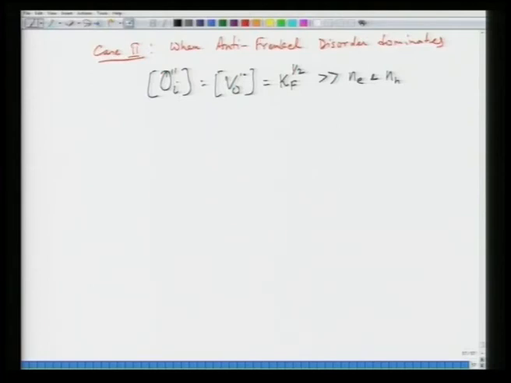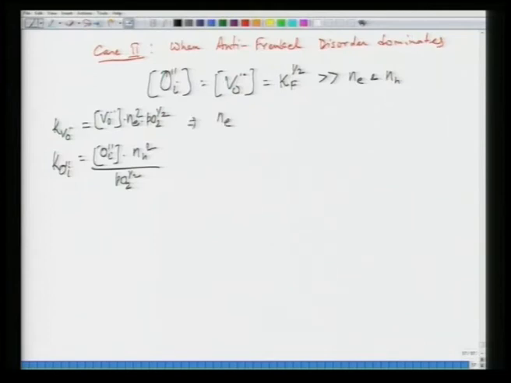I know that for KVO I had VO multiplied by Ne square multiplied by PO to the power half. And for KOI I had OI multiplied by NH square divided by PO to the power half. Since OI and VO are independent of partial pressure of oxygen, but Ne and NH are much smaller, these two will be dependent on it.